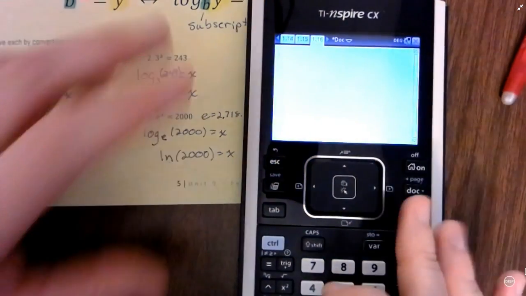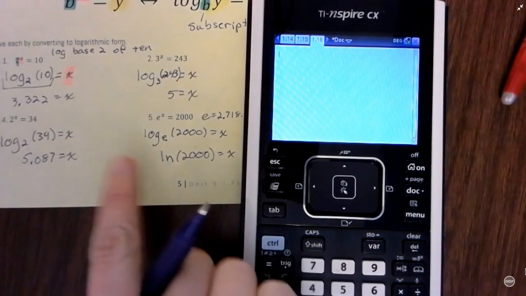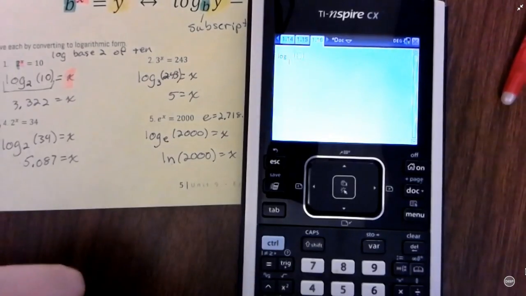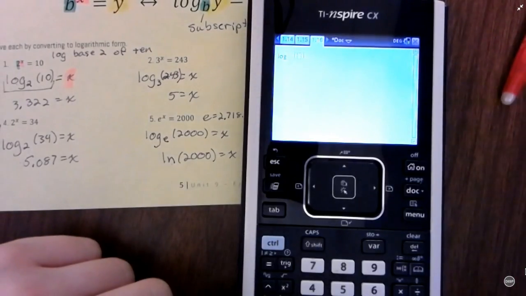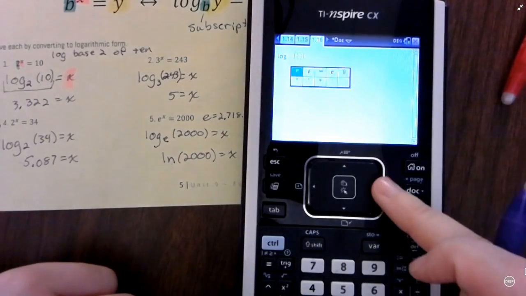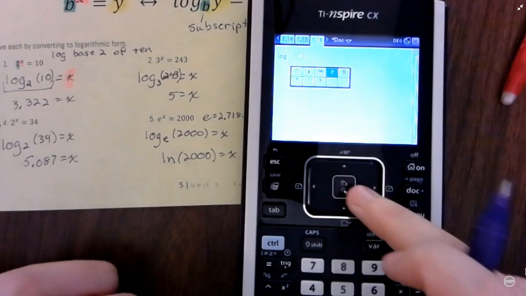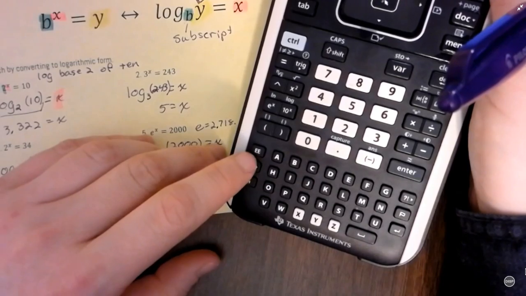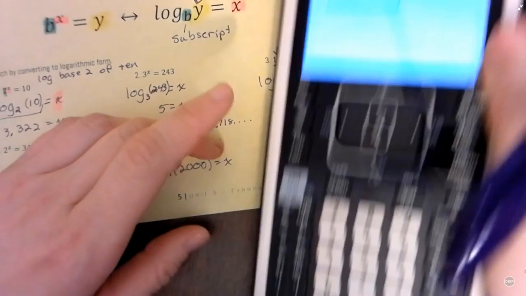So let's put it in the calculator and see what it is. So you can put it in both ways and you'll get the same answer. So let's start with log base e. And you can find that, what I hit right there, which you couldn't see, was the pi menu. It's in there and it's also right there. It's up to you which one you want to use.